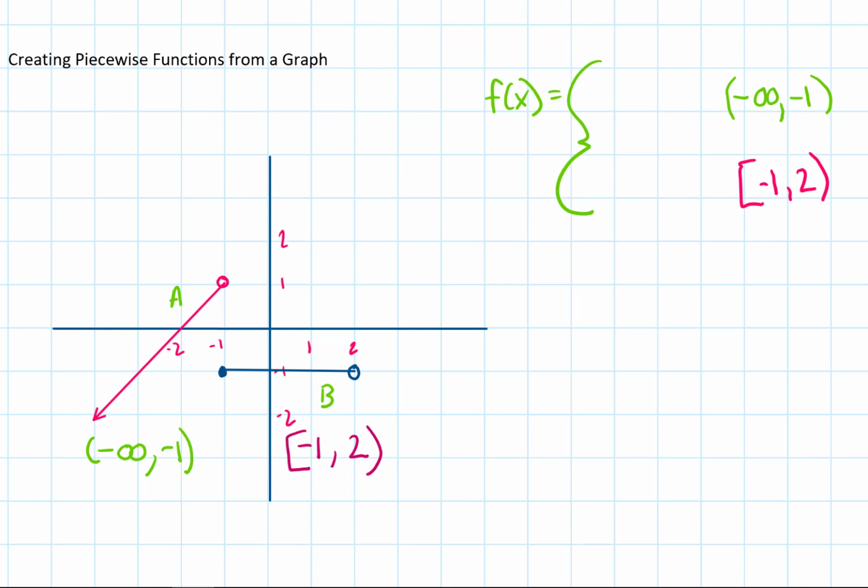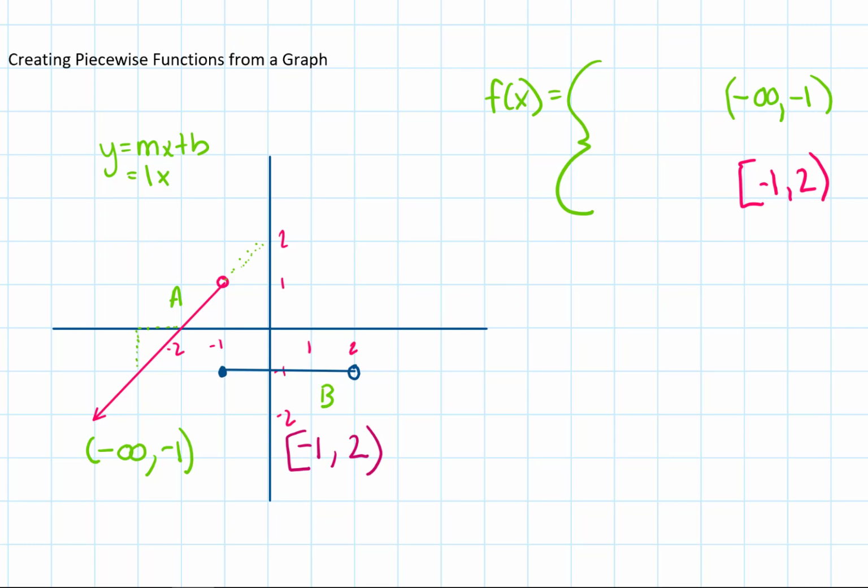The slope of A, rise over run, is 1 unit over 1 unit. And the y-intercept, now this is where it gets a little bit tricky. We don't actually see a y-intercept, but let's just imagine that this graph continued.